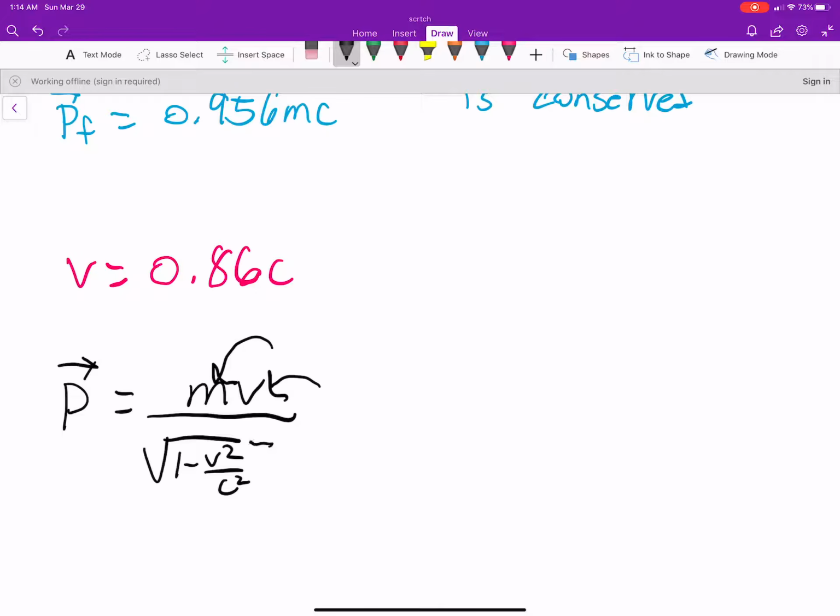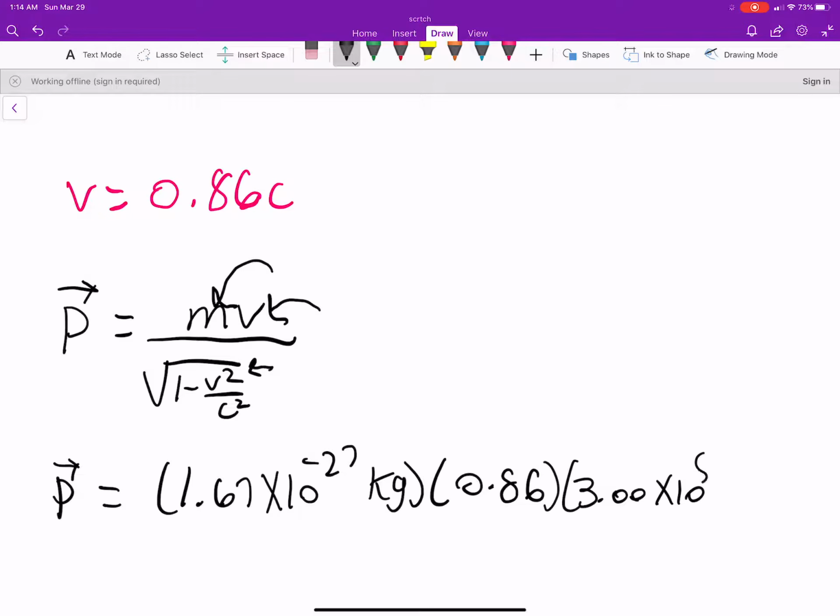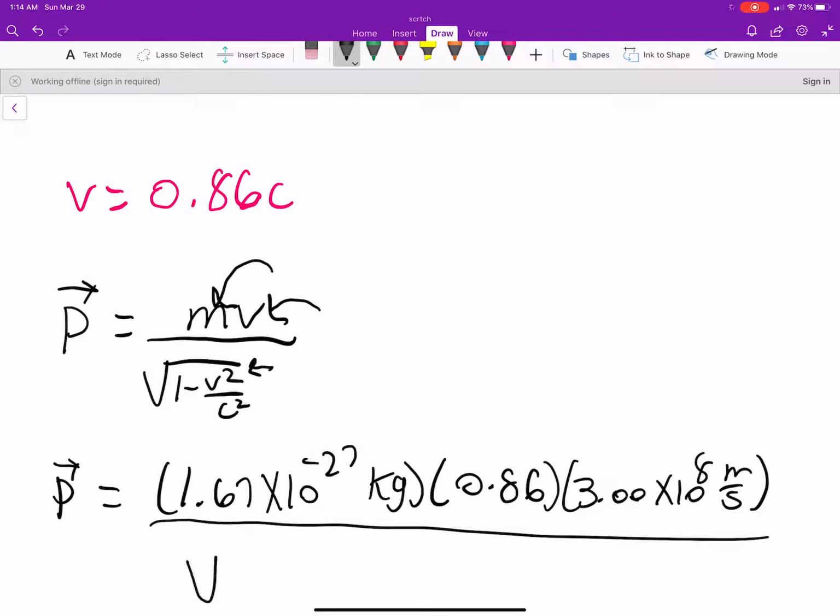So momentum is going to be equal to the mass, about 1.67 times 10 to the negative 27th kilograms, times 0.86 times 3.00 times 10 to the 8th meters per second, all over the square root of 1 minus 0.86 squared.